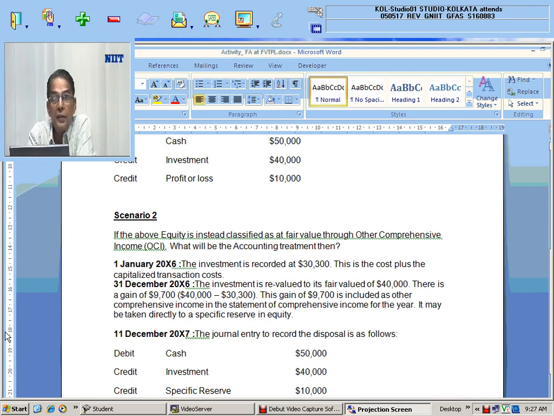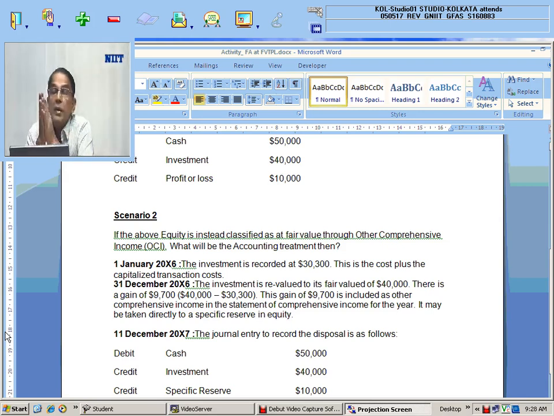And on disposal of the asset, the gain on the investment, that is another 10,000 from its subsequent measurement on 31st December 2006, will also be credited to the same specific reserve in equity. So that will be the treatment for the financial asset at fair value through other comprehensive income.